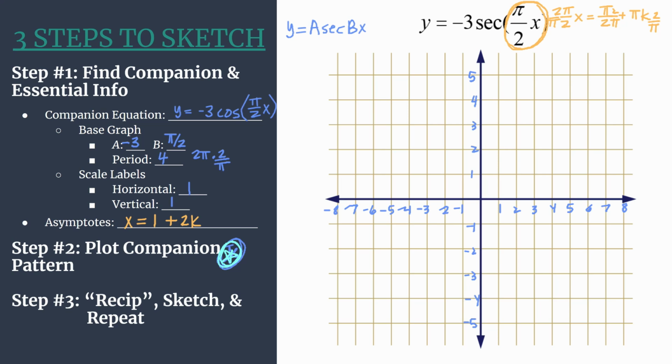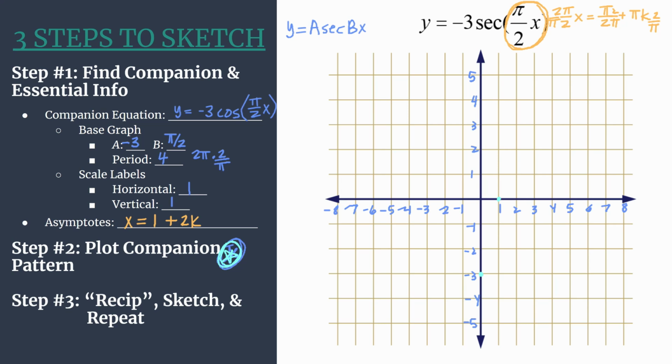All right, so companion pattern for cosine is going to start with a minimum here. And to find the y-coordinate of this minimum, start on the y-axis, simply look at A. A is -3. So our first point, our minimum, is going to be 0, -3. Okay, our x-intercept should happen at our first horizontal tick mark. That goes back to why we chose our horizontal scale, how we did.